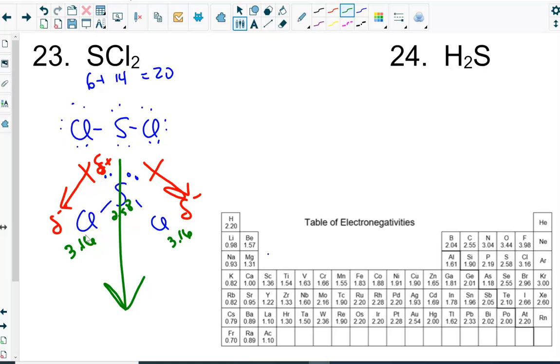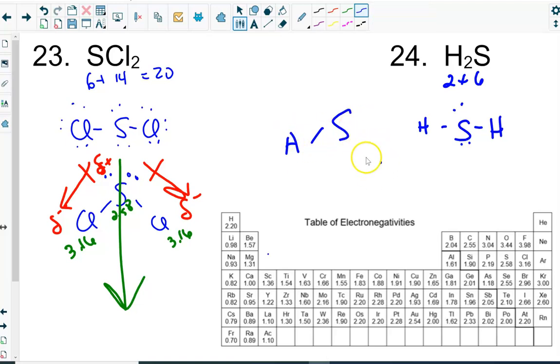Okay, looking on to the next one, we have hydrogen, which is 2, and sulfur, which is 6, so we need 8. So we have this Lewis structure. I'm going to use the space over here and bend it. Actually, let's just start that over.